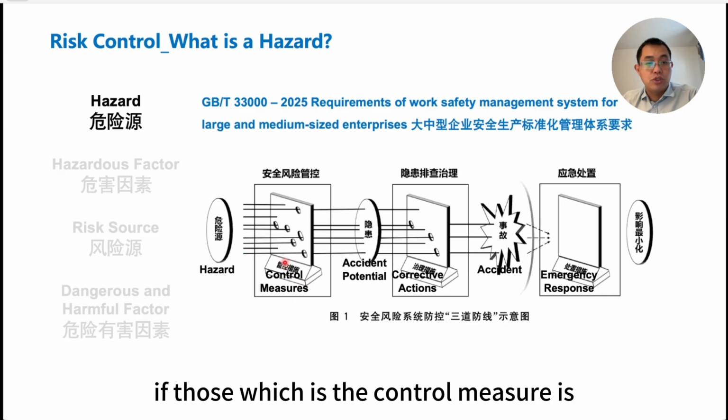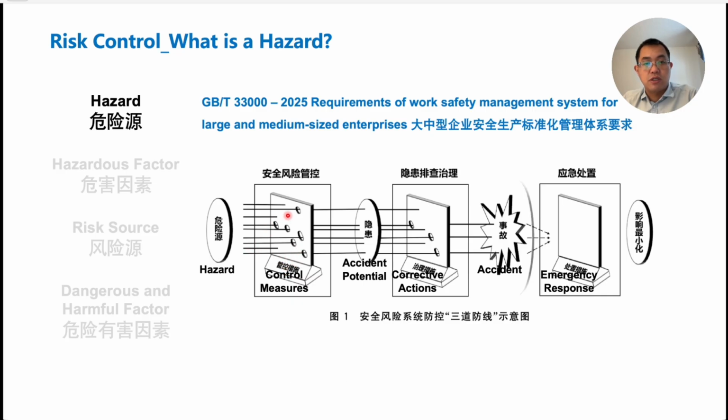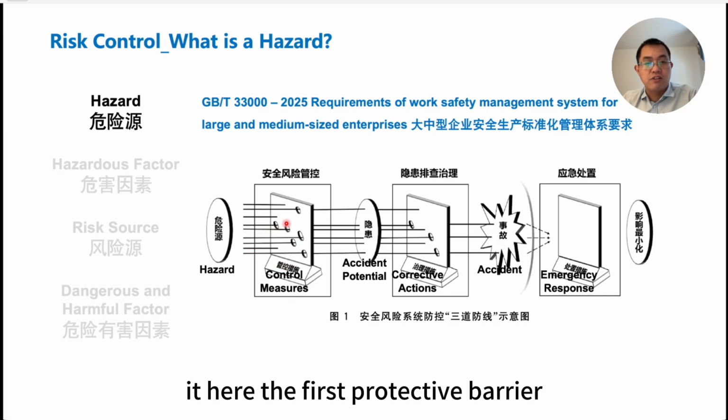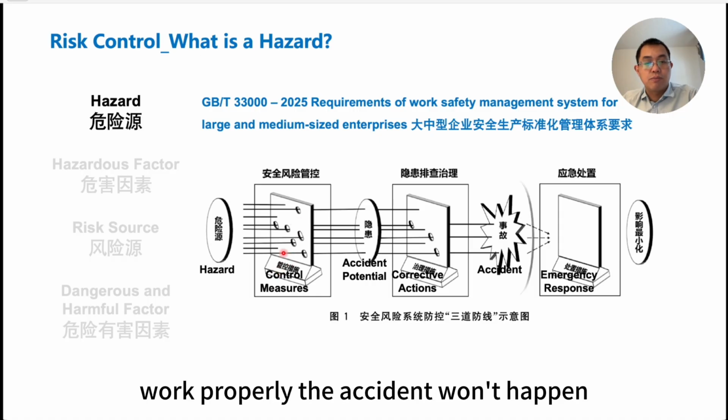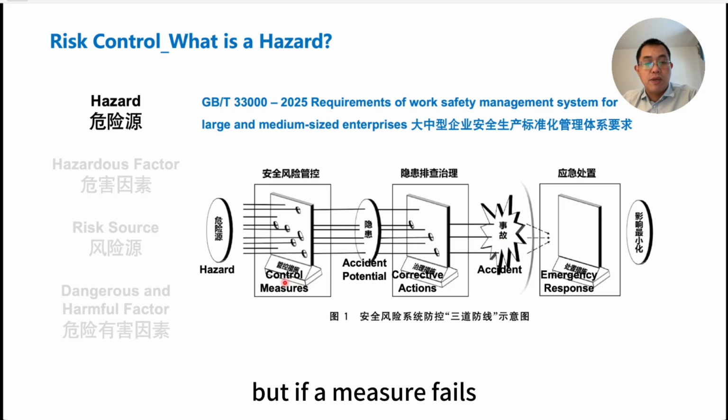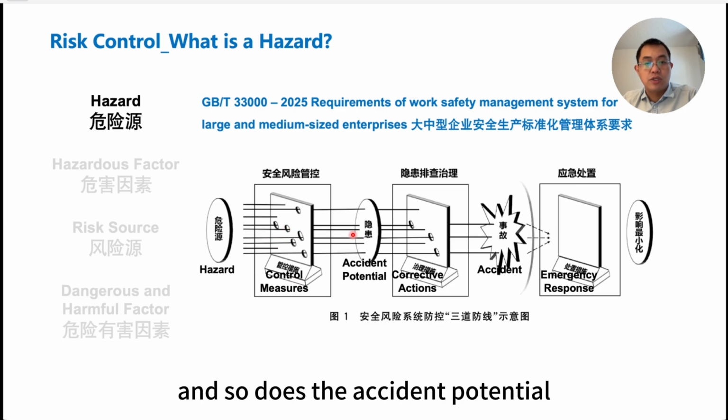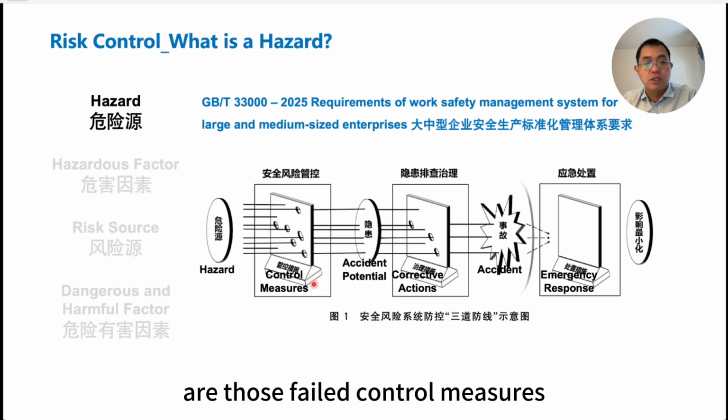The control measure is here, the first protective barrier. If those measures work properly, the accident won't happen. But if a measure fails, those holes will appear, and so does the accident potential. So basically, accident potentials are those failed control measures.